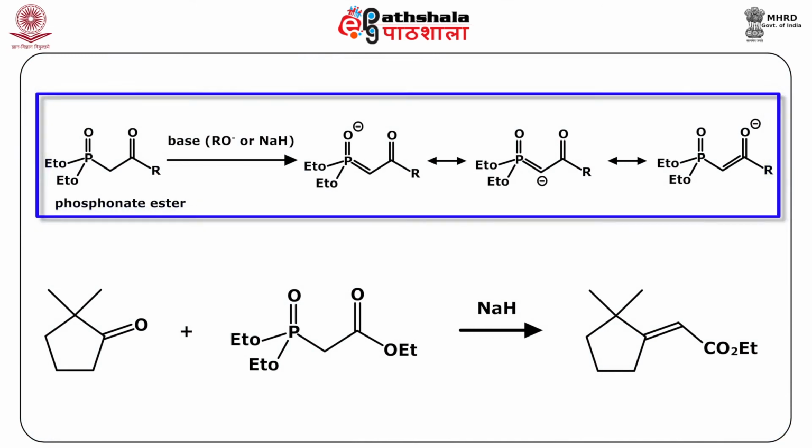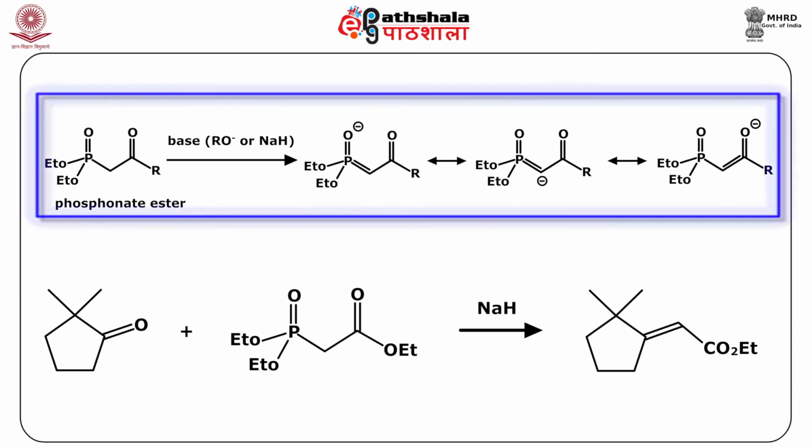If we look at some examples, you can see this is the general representation of the phosphonate ester that you can take, and when this is reacted with the base, there will be formation of this oxyanion which is resonance stabilized via this enolate. So, you can see it is a highly resonance stabilized phosphonate ester.